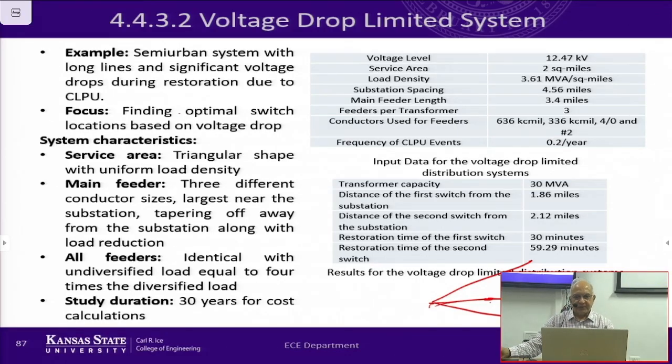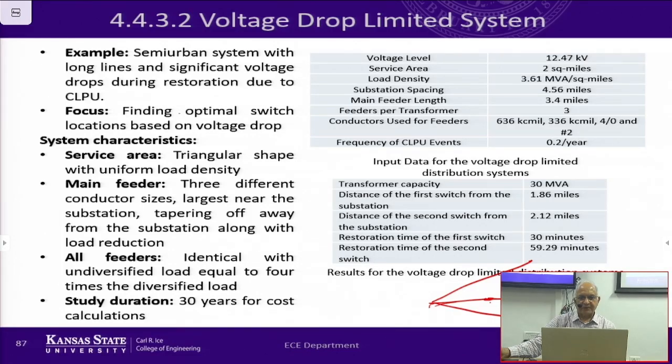So what we did was, for an example case, we used this system at 12.47 kV, 2 square miles, 3.61 MVA per square mile. Substation spacing was 4.56 miles, and the main feeder was 3.4 miles.